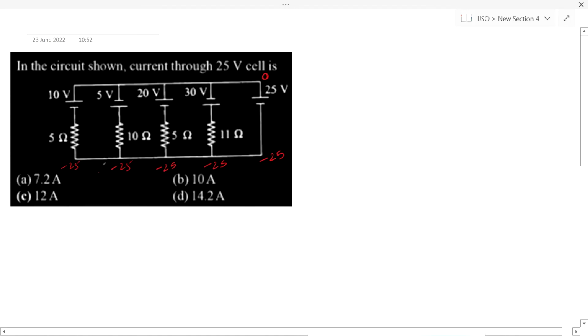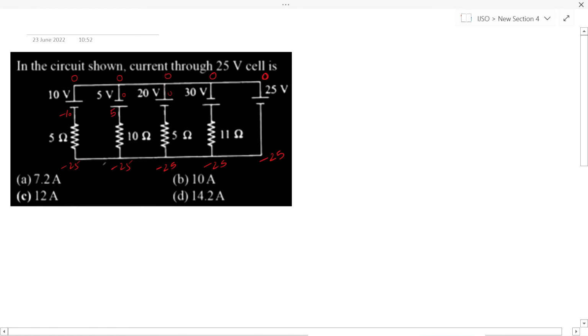Let's go further. This will again be 0, 0, 0, and 0. Now if this is 0, then this will be minus 10. If this is 0, then this will be plus 5.